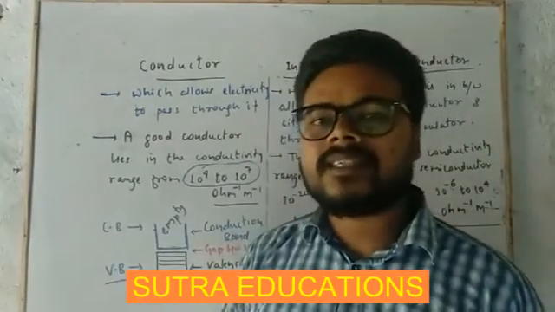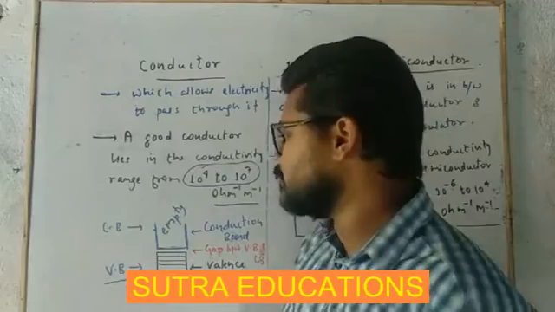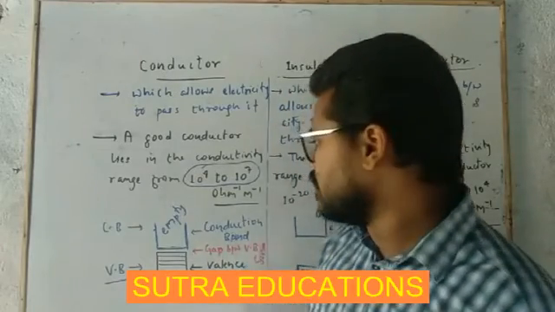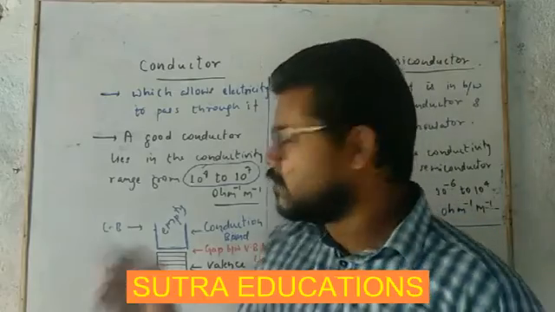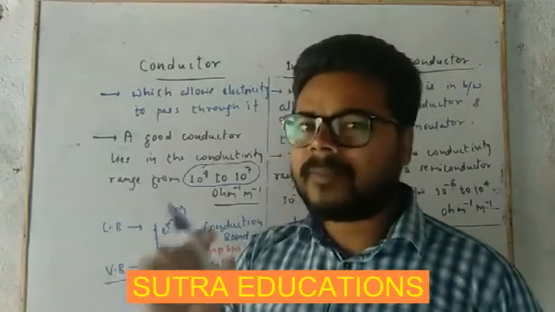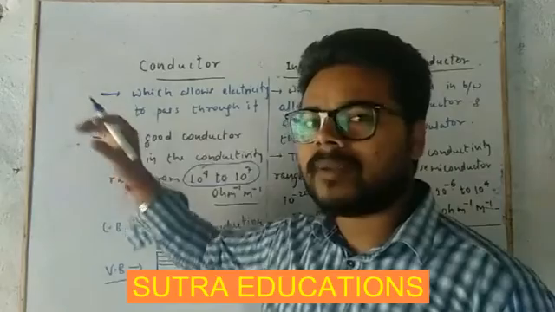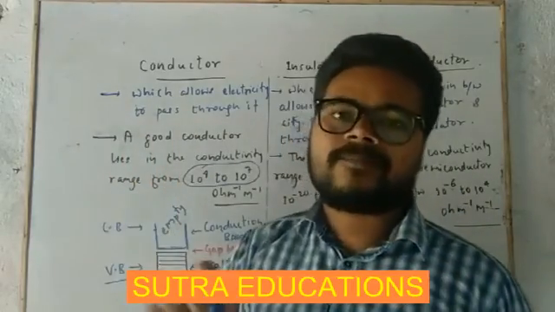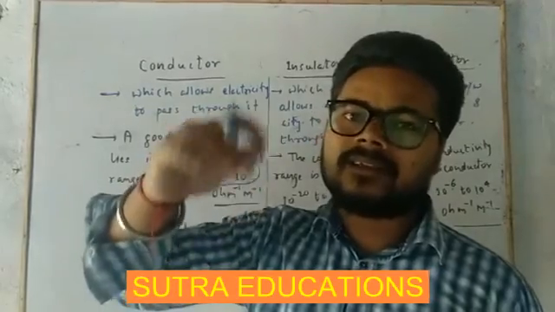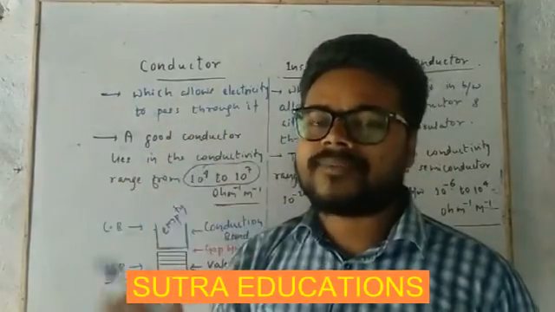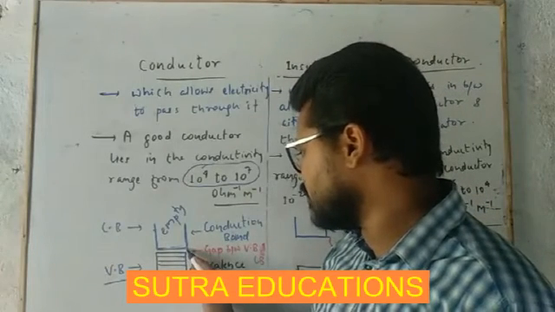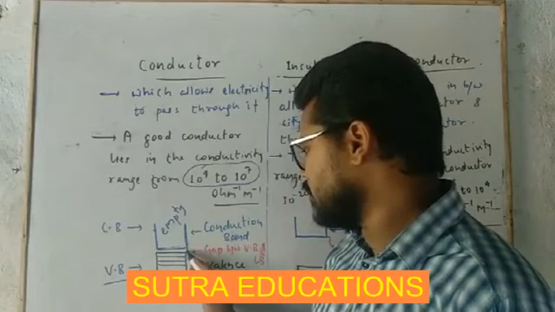So we say valence band and conduction band are overlapping, means they are so close to each other that we can say they are overlapped. You can see here this energy gap is very small.